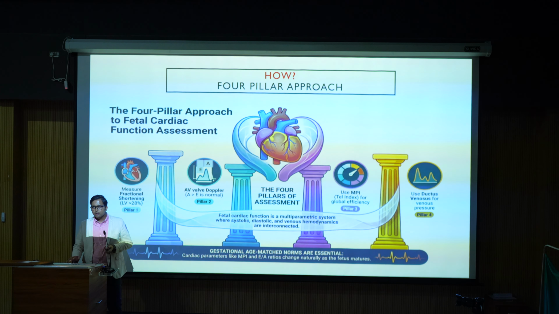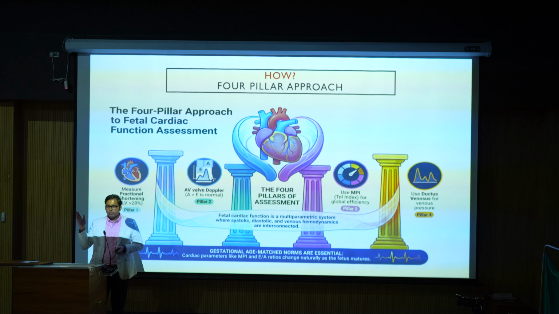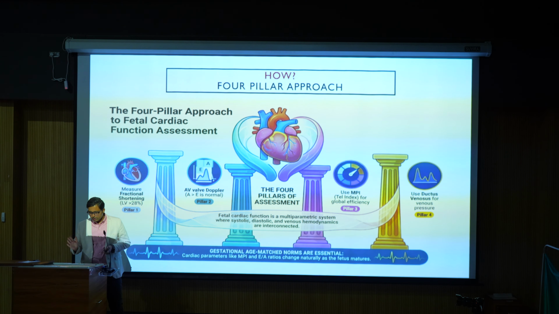The second pillar is the AV valve Dopplers, where I showed you the E wave and the A wave, and how the A wave should always be taller than the E wave in fetal heart assessment throughout gestation.